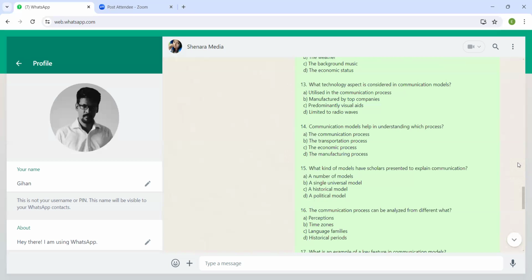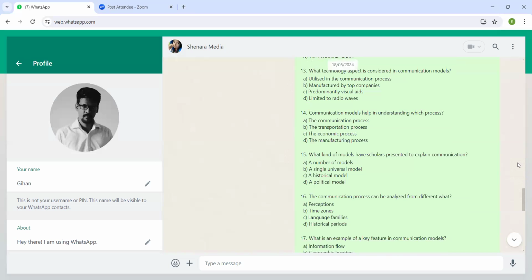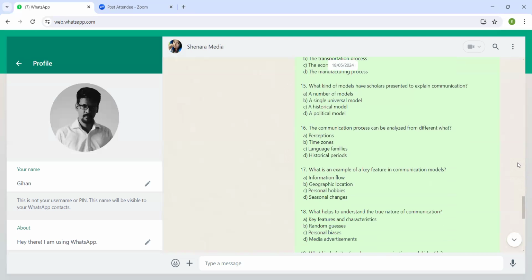What kind of models have scholars presented to explain communication? Not a single universal model, not a historical model, not a political model, but a number of models, many models. Number 16, the communication process can be analyzed from different perceptions, different viewpoints.